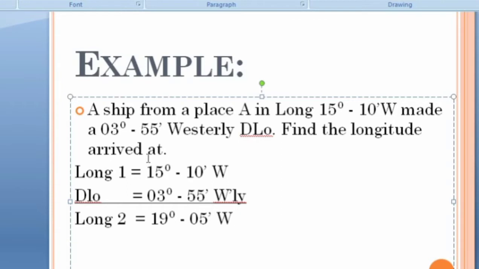Since we have only 15 plus 3, that is only 18. Since 60 minutes is equivalent to 1 degree, that's why we have to add the 1 degree to 18. That's why we have 19.